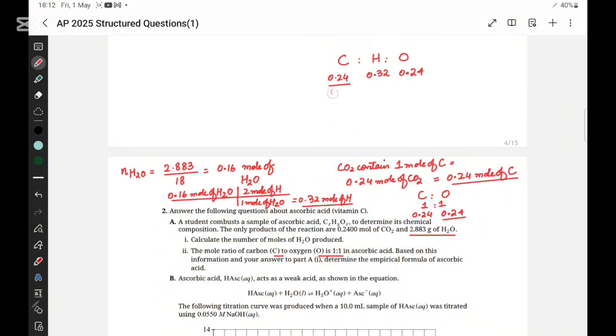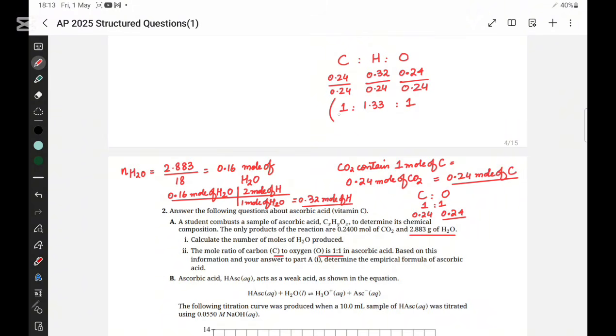Dividing with the least value, this is 0.24, this is also 0.24, and that is also 0.24. And the answer that comes out to be is 1:1.33:1. And now we have 1.33, so we have to convert it into whole number.